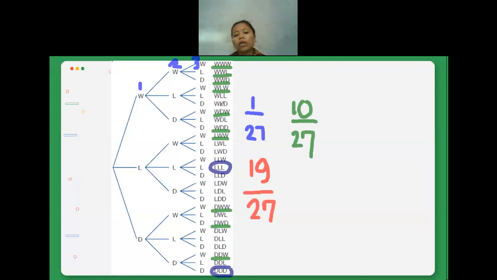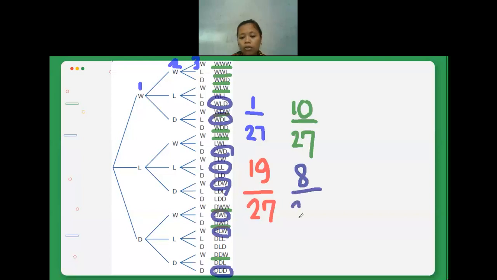So draw and draw will be draw. So I can take this out. And then this one, and then this one, and then this, and then this. So in total, it will be 1, 2, 3, 4, 5, 6, 7, 8. So in total, it will be 8 out of 27.